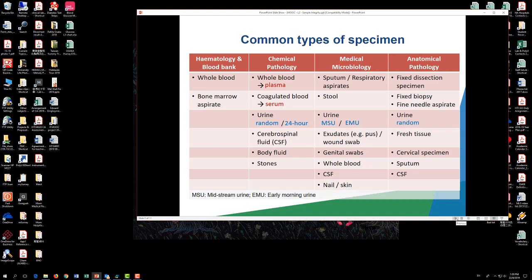But in medical microbiology, we will collect midstream urine, which is only the middle part of the urine without contamination, or EMU, early morning urine, which is more concentrated.